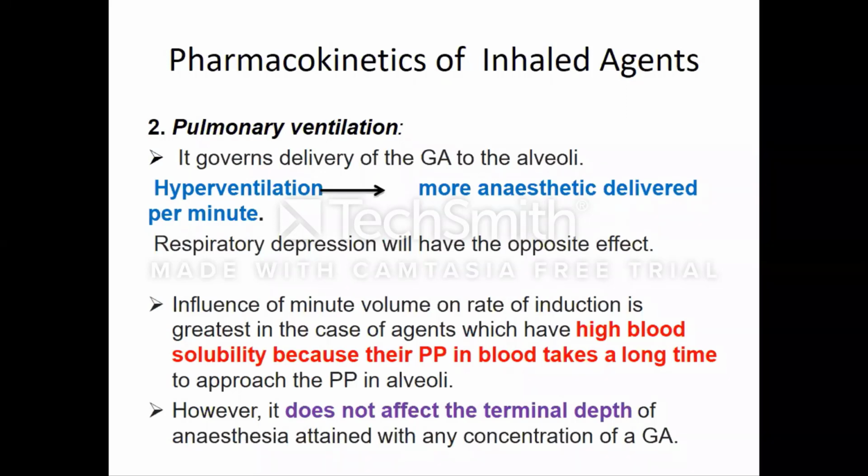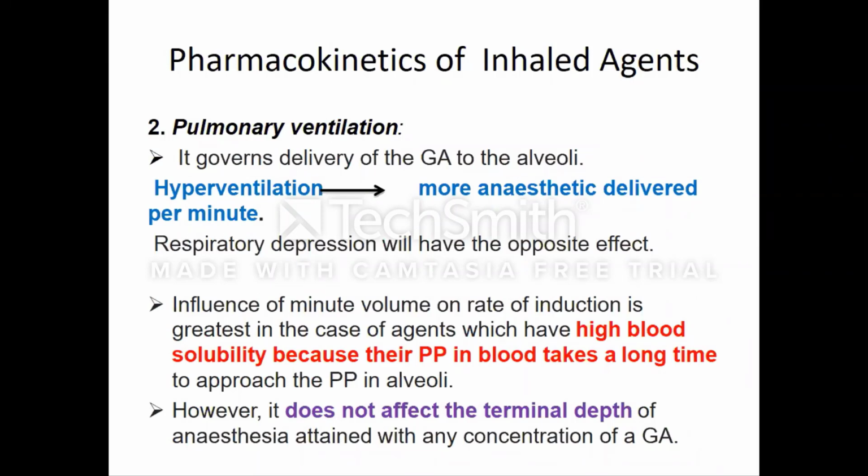However, it will not affect the terminal depth of anesthesia, because that depends not upon the amount of anesthetic reaching the blood, but upon the amount reaching the brain. But no doubt it will affect the induction. The solubility of your agent will affect the induction.